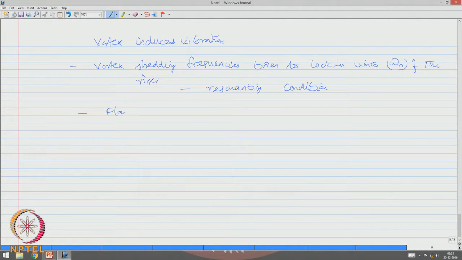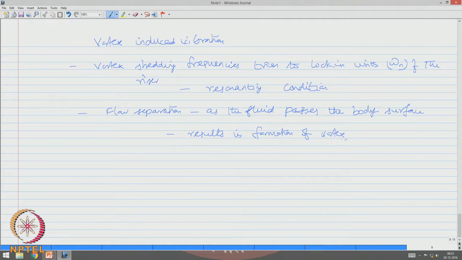So, the flow separation which has taken place as the fluid passes the body results in formation of vortex which is trailing behind the body.